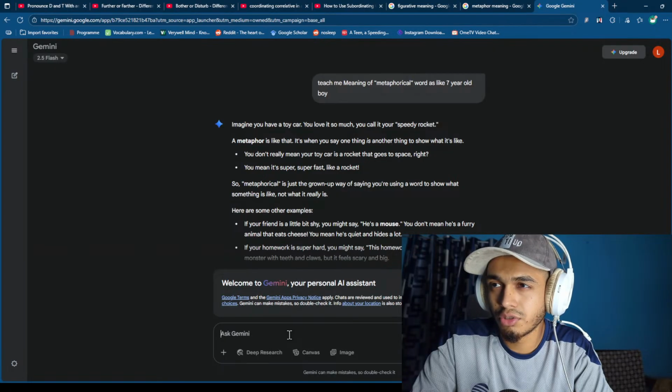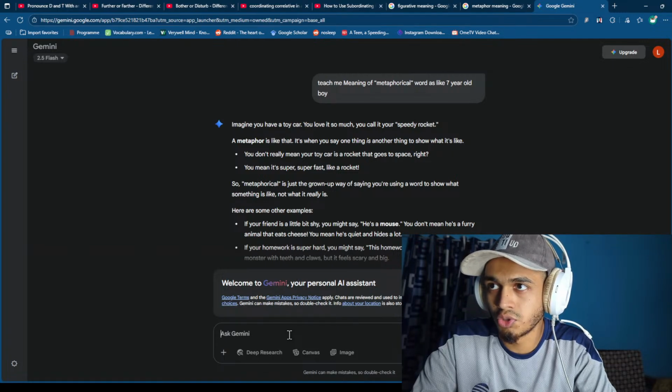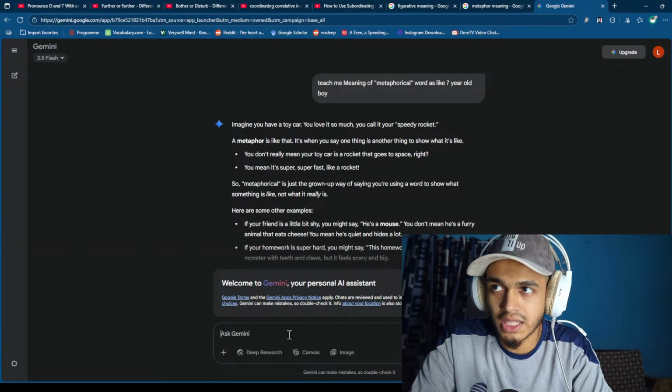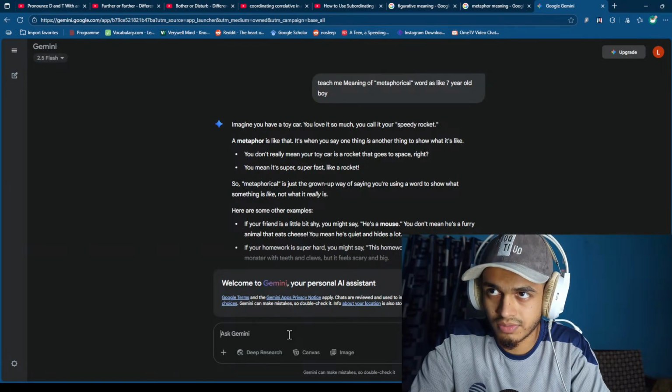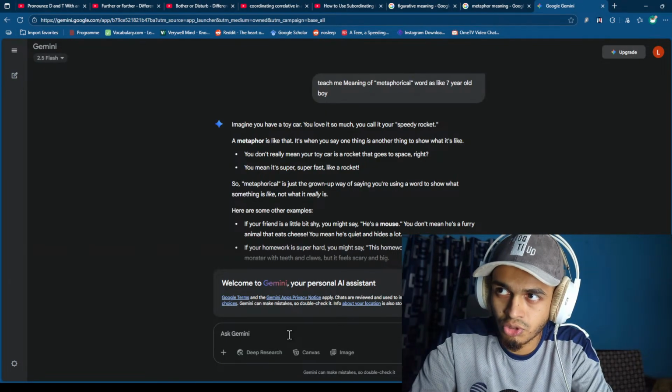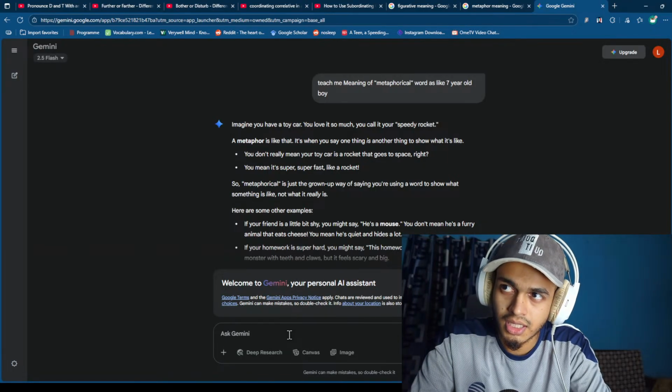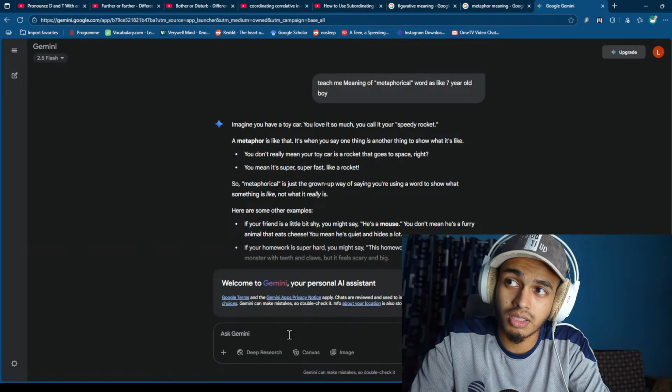You mean it's super fast, like a rocket. So metaphorical is just the grown-up way of saying you are using a word to show what something is like, not what it is really is. And you are using a word to show what something is like, not what it is really is.